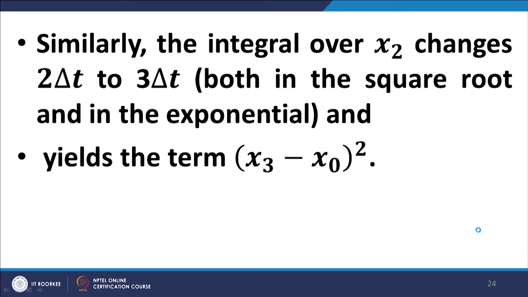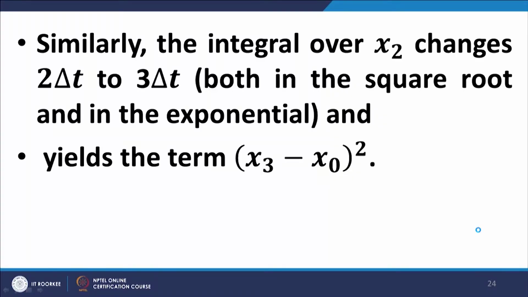We now pick up x3 and we evaluate the integral over x2. The result would be that wherever 2 delta t appears, it would be replaced by 3 delta t, and at the same time the x2 term would disappear and we would now have x3 minus x0 square.